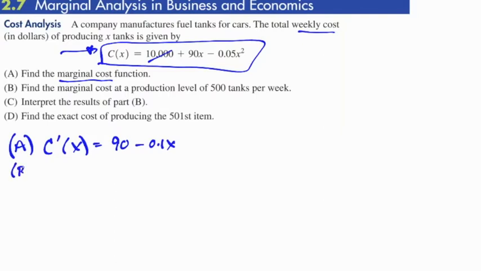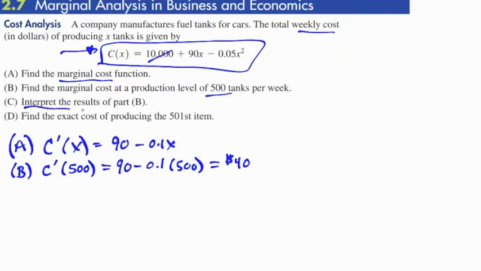Part B asks that we find the marginal cost of production when we are at 500 tanks per week. So marginal cost is C prime, x is 500, and when we plug this in, we end up with $40.